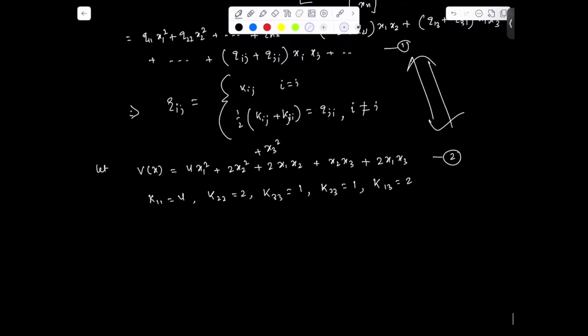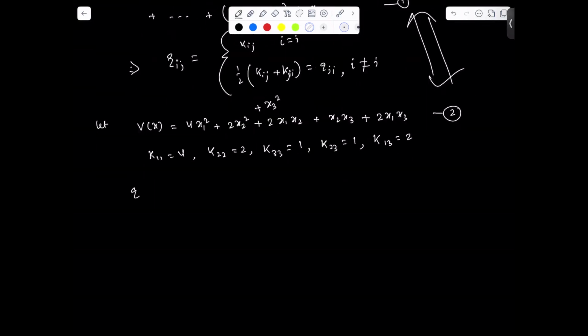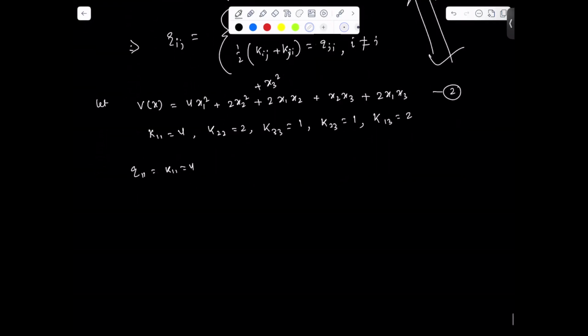Now if you compare this case with Q1, Q2 like that, we can write here Q11 equal to K11 equal to 4, Q22 equal to K22 equal to 2, and Q33 equal to K33 equal to 1.